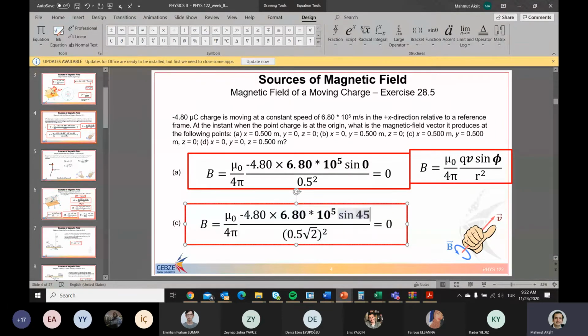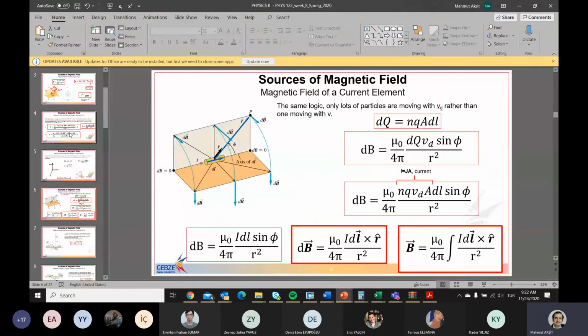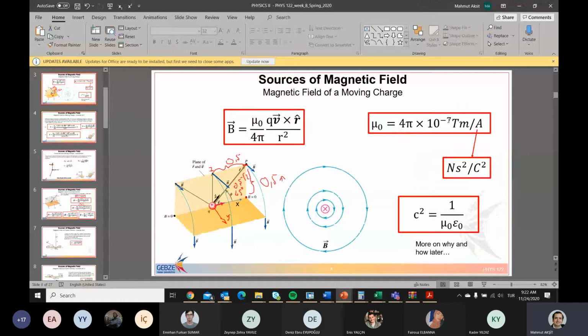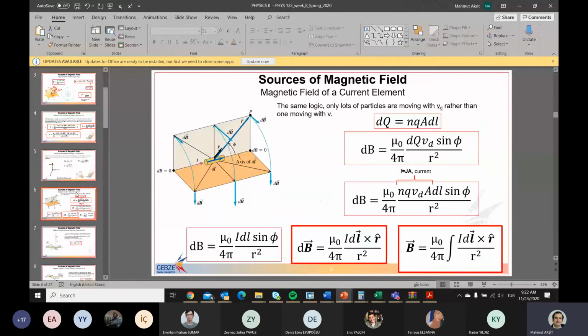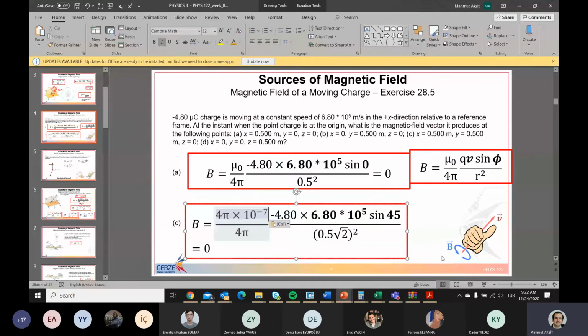And mu 0 is just given here. I never memorized those, to be honest. Mu 0 over 4 pi is 10 to the minus 7. So you can calculate this.